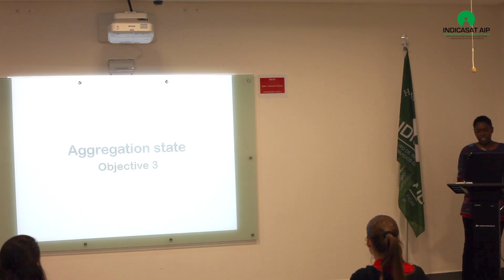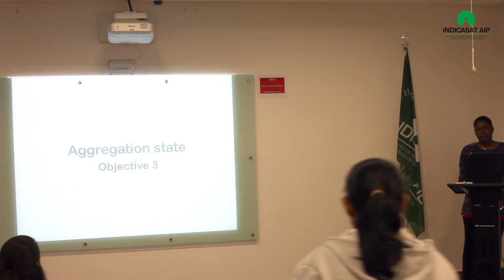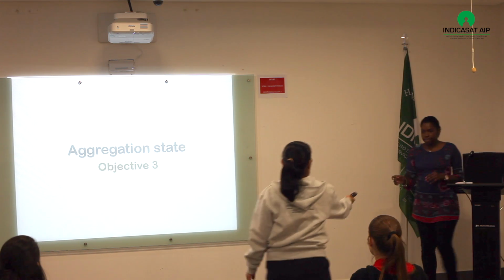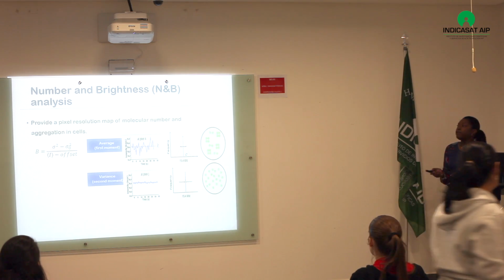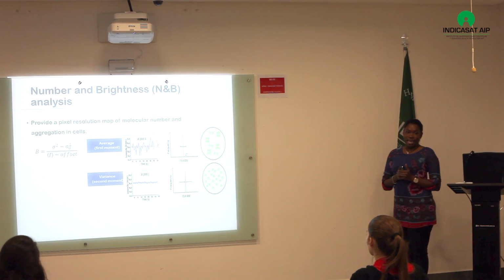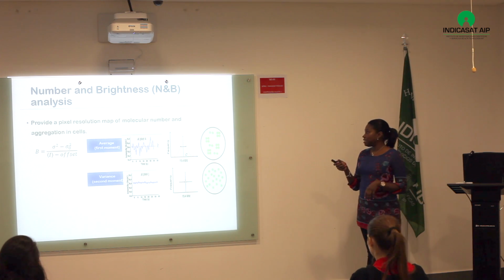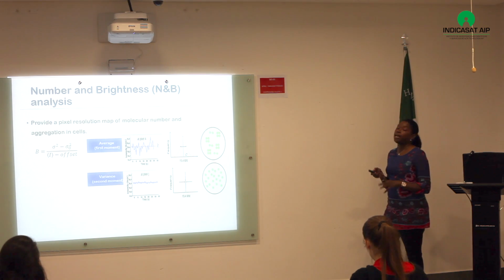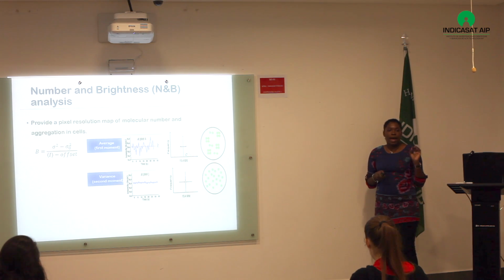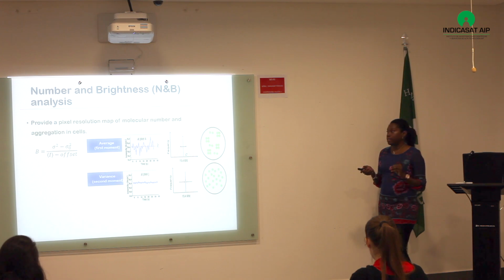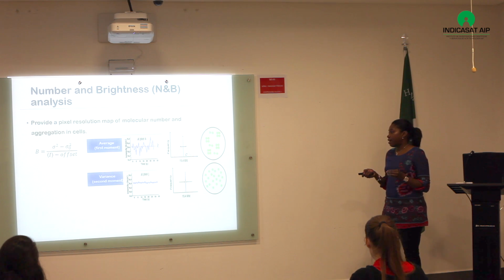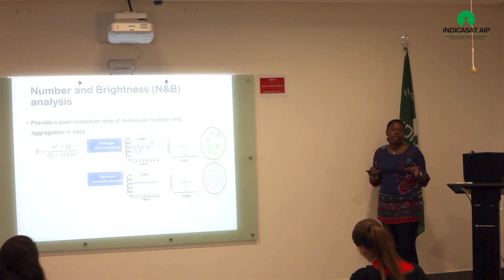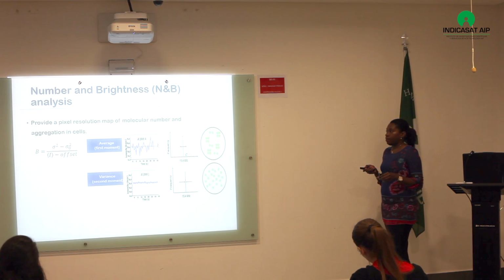To work on objective number 3 and evaluate the aggregation state, we perform the number and brightness analysis method. The number and brightness analysis method allows us to identify whether the fluorescence intensity that we are imaging comes from particles that are moving individually or particles that are aggregates.